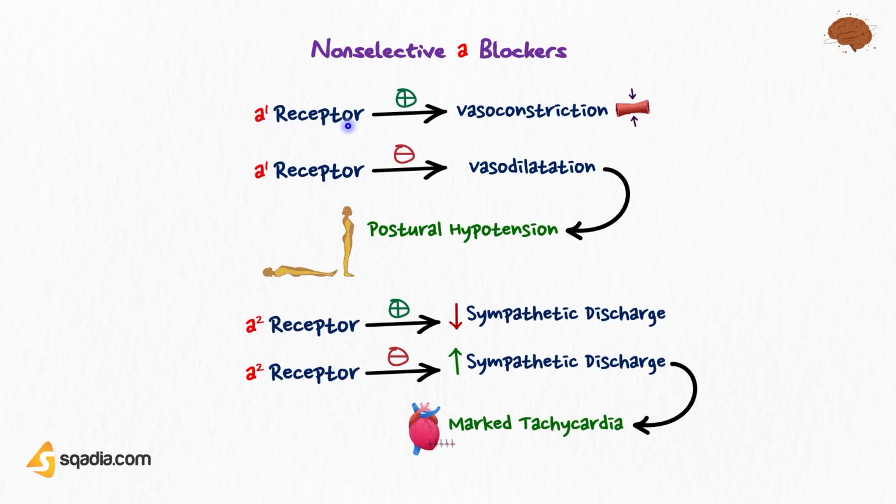Alpha-1 receptors are present in smooth muscles and promote vasoconstriction of the vessel. Alpha-2 receptors are present in the CNS, the central nervous system, and they decrease the sympathetic discharge and the sympathetic outflow. Note here that when alpha-2 receptors are stimulated, they decrease the sympathetic discharge.